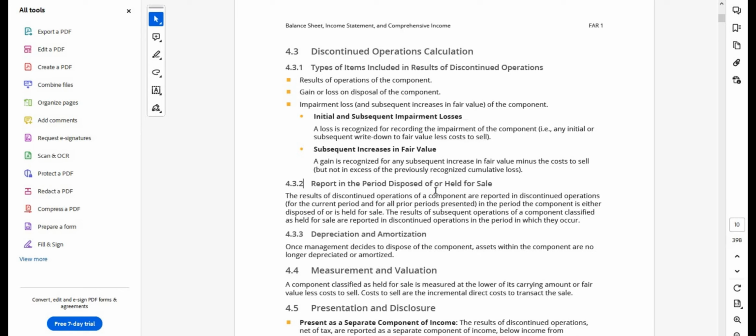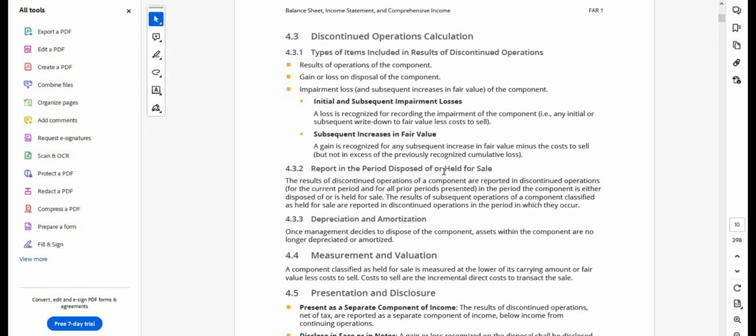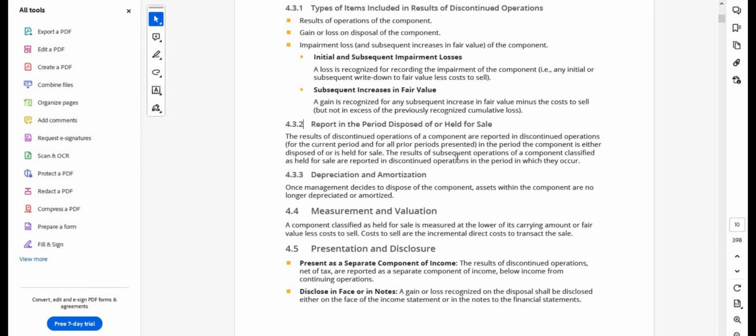Next one is report in the period disposed of or held for sale. It means when it is disposed of or held for sale, we need to report in our financial statements. The result of discontinuing operation of a component needs to be reported. It is compulsory that you report in discontinuing operation in the period in which the component is disposed of or is held for sale.